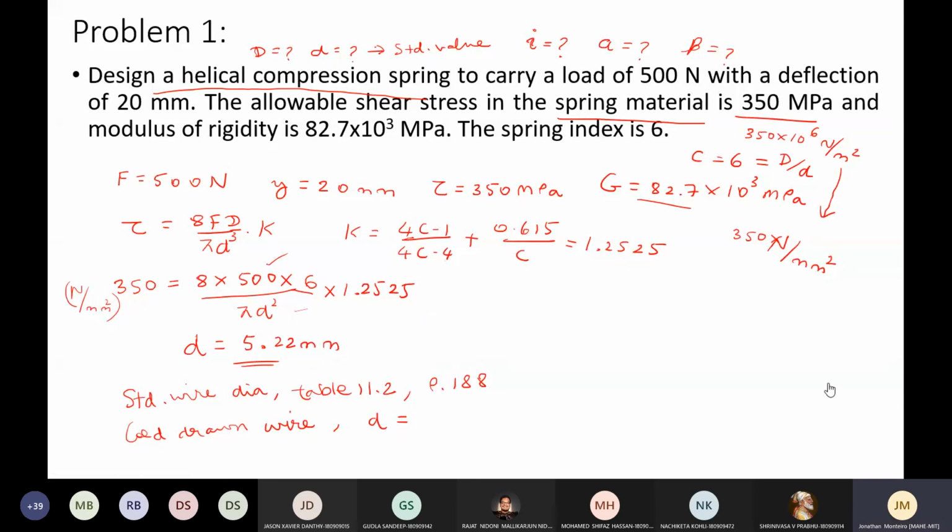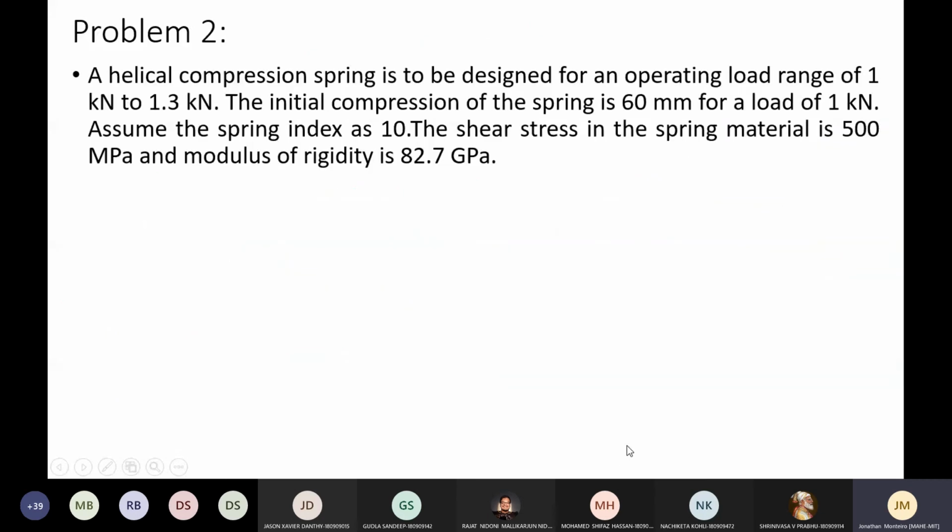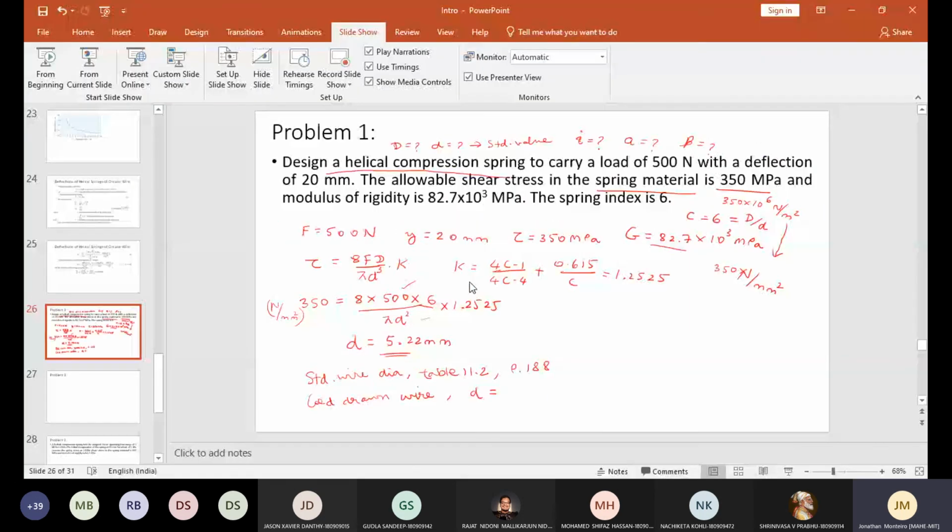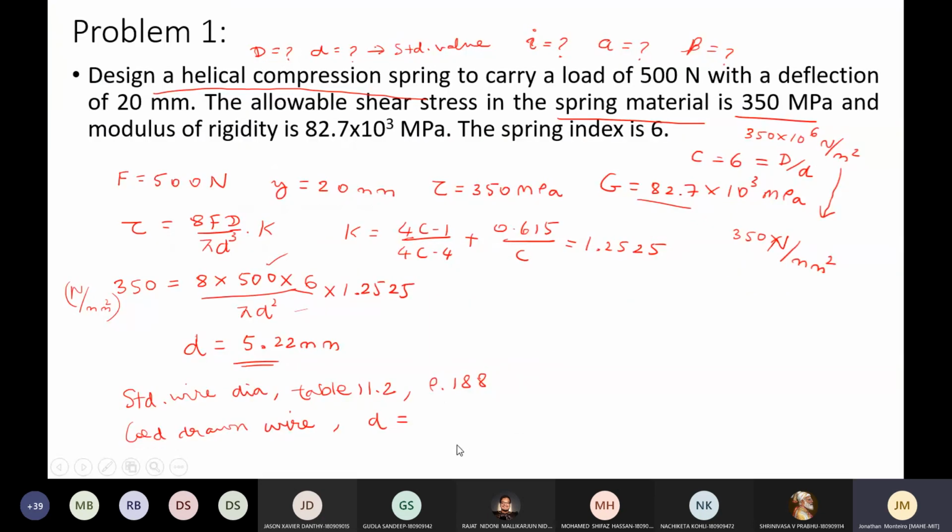Yeah, correct. So it is around 5.3 mm. Yes, 5.3 mm becomes the standard cold drawn diameter.